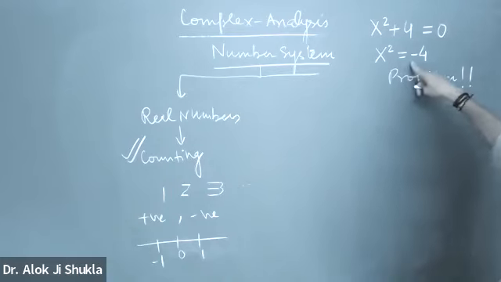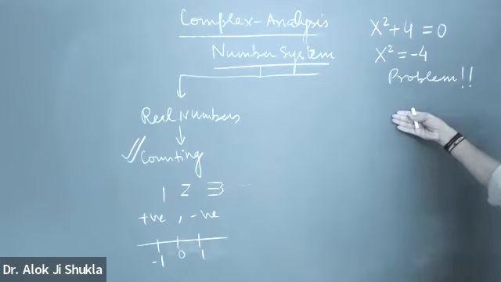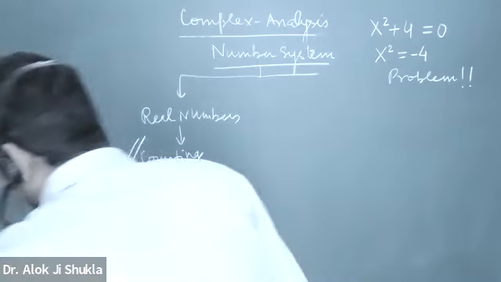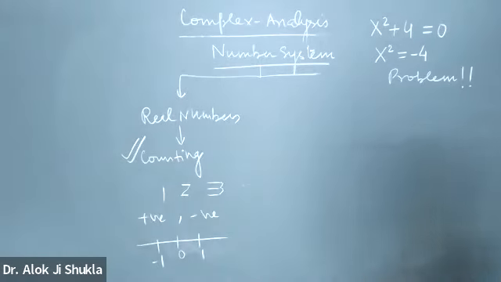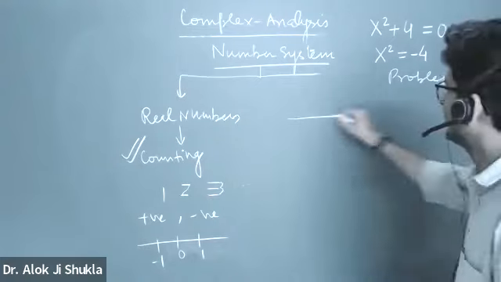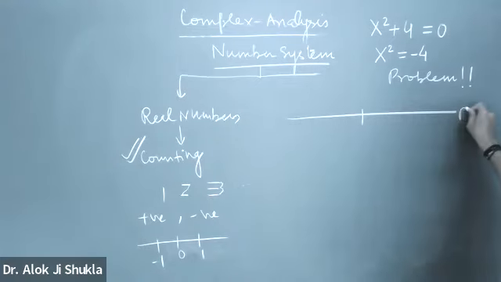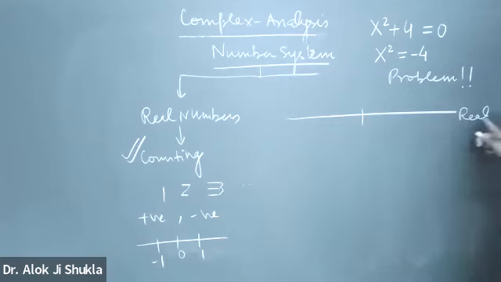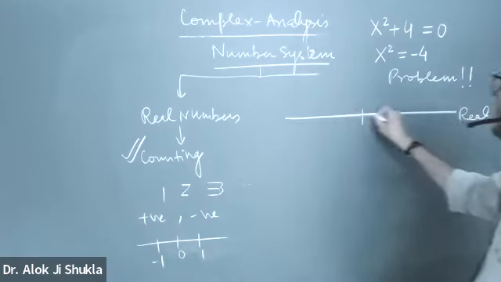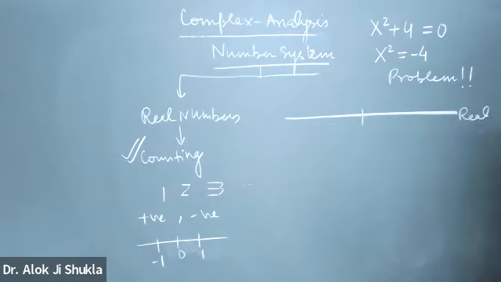X square is equal to minus 4. What number can we write whose square is minus 4? 2 will not work, minus 2 will not work. So no number on our real axis can do this; there is no number on the real axis whose square is minus 4.